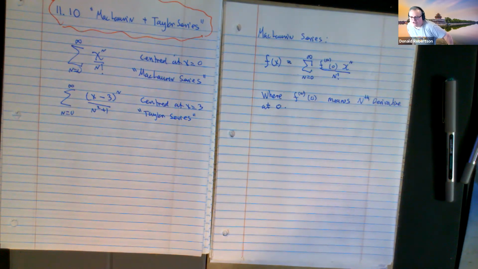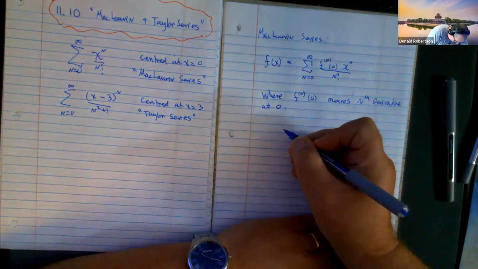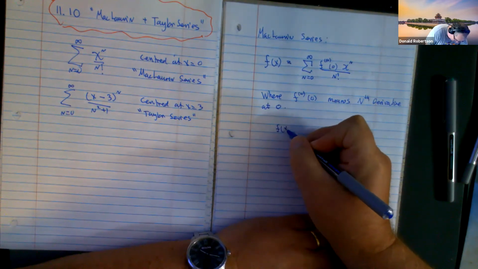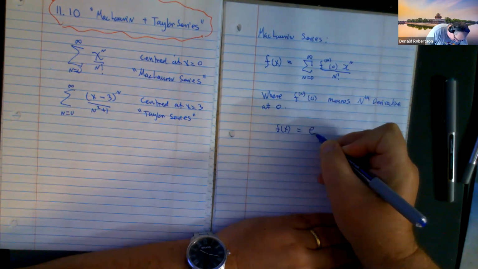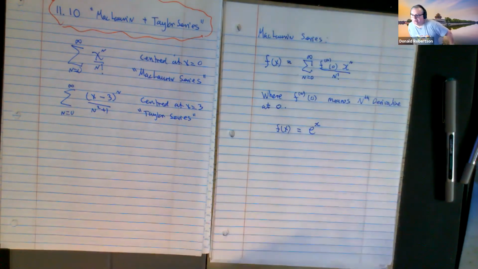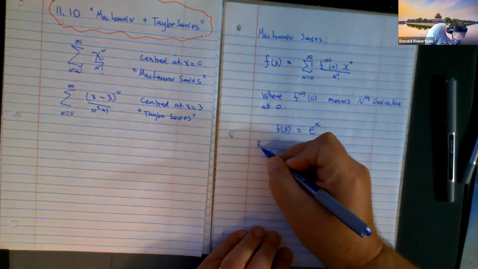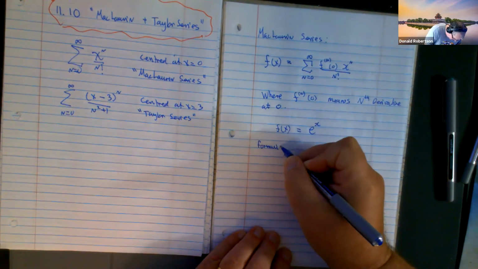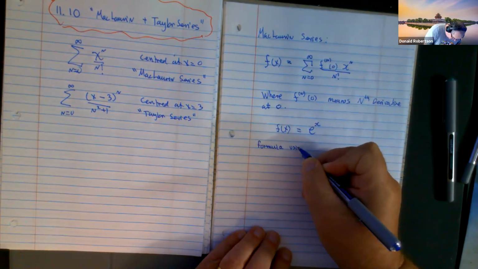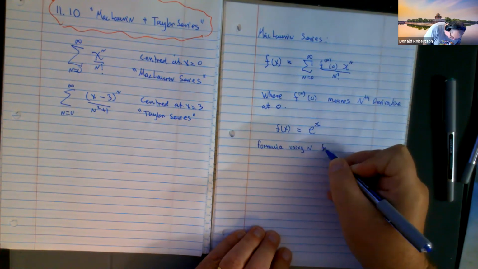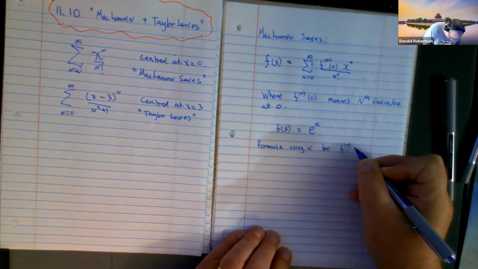So let's show you how complicated it can be. Let's find the power series for e to the x. Now, to be able to get the power series for any function, what you need to do is find a formula, obviously using n, for the nth derivative at 0.